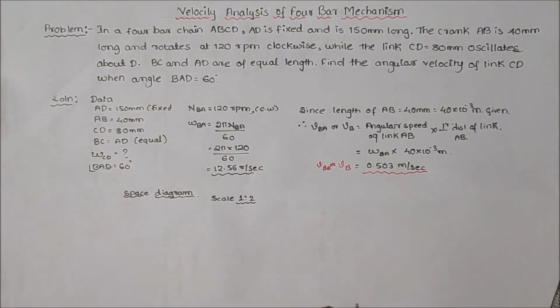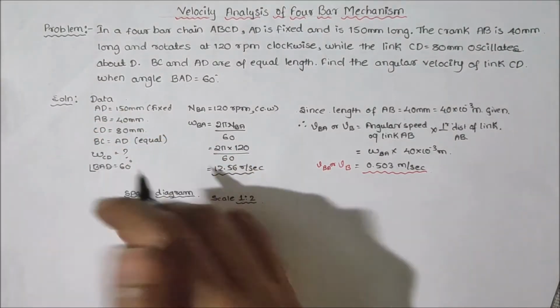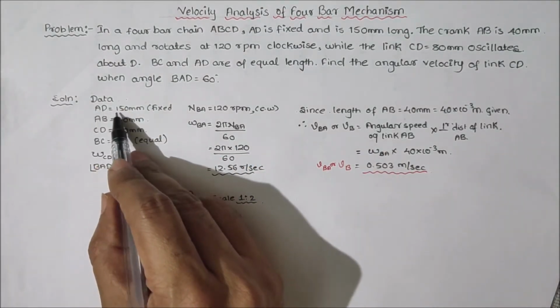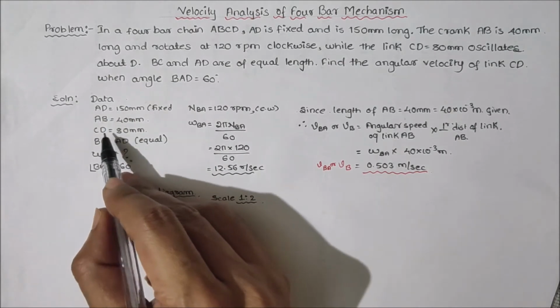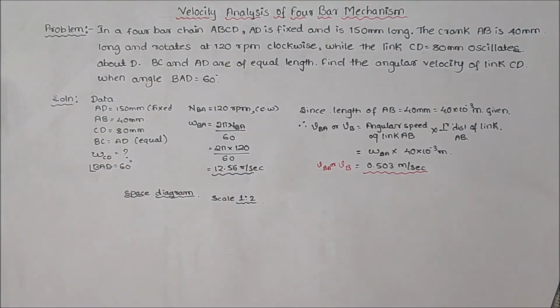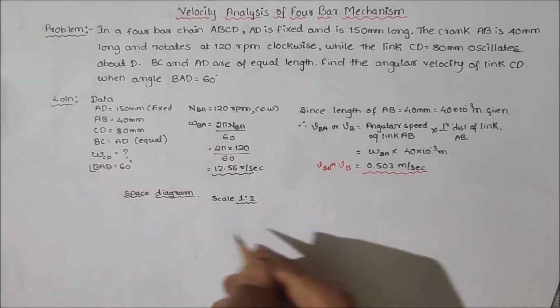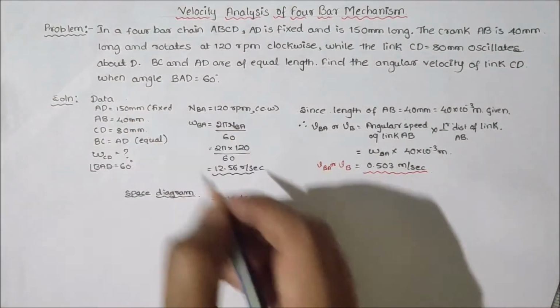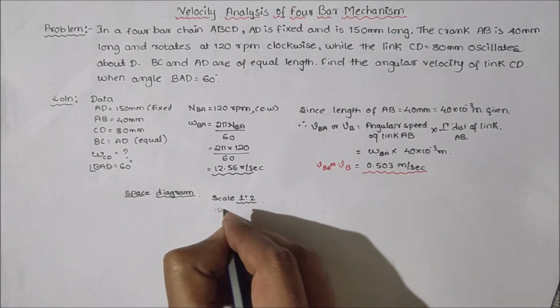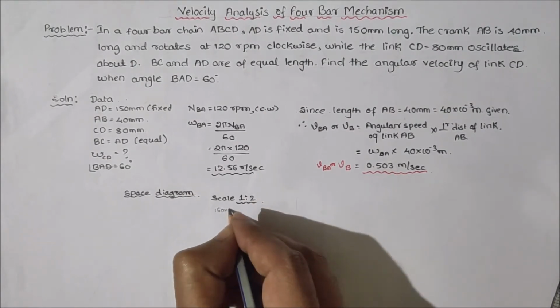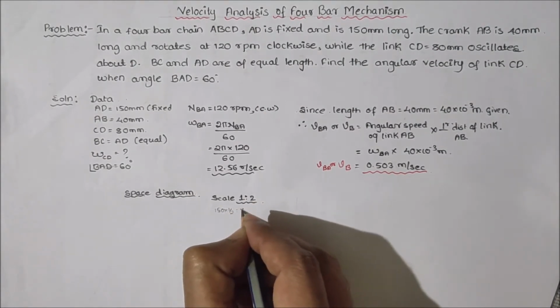So in this 1:2 scale, for all these values of AD, AB and CD, we have to get those values. So how to find out? We'll write the value of 150 multiplied by 1:2 means 1/2, that is 75 mm.